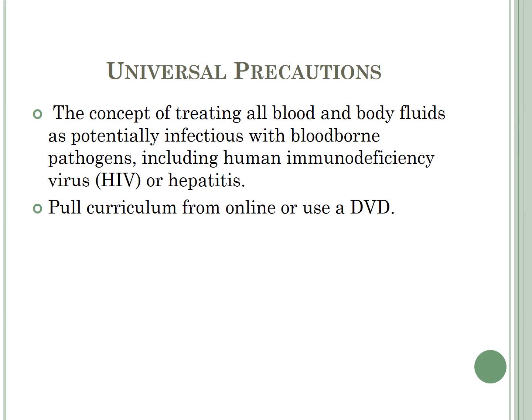It's the basic premise that all blood and bodily fluids should be treated as though they are infectious. So anytime staff are dealing with bodily fluids, they should be wearing gloves. And again, you can pull the curriculum from online, you can use a DVD. More than likely, you'll be able to find something free that you can use.